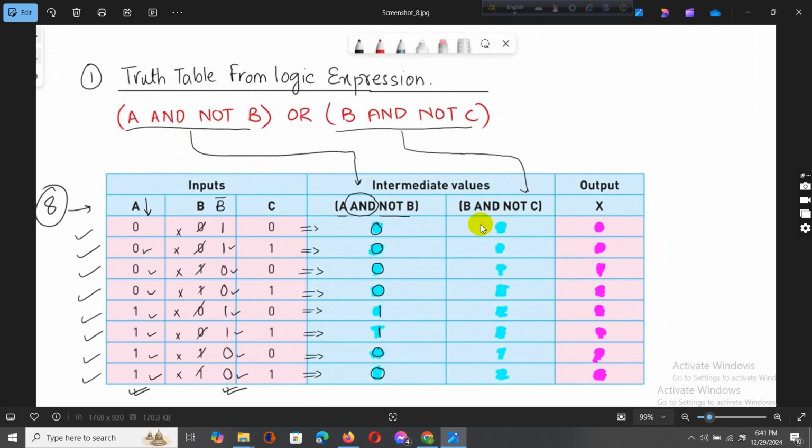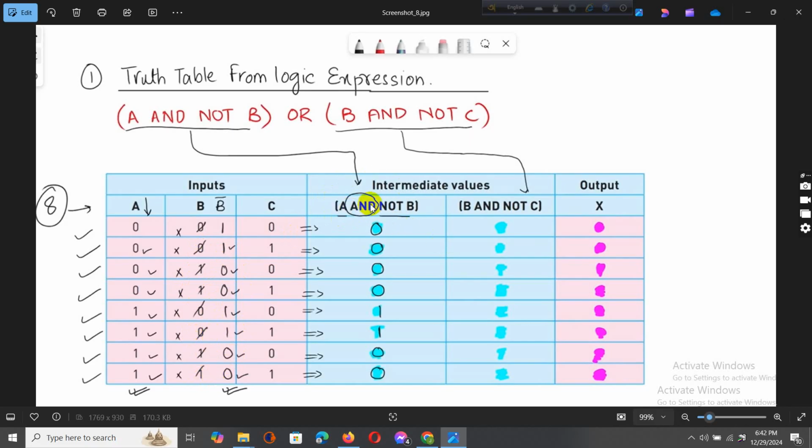The first logic expression is A and not B. So we select the A column and the B column. Since this is not B, we invert all the values of the B column. We write B bar: 0 becomes 1, 0 becomes 1, 1 becomes 0, 1 becomes 0, 0 becomes 1, 0 becomes 1, 1 becomes 0, 1 becomes 0.